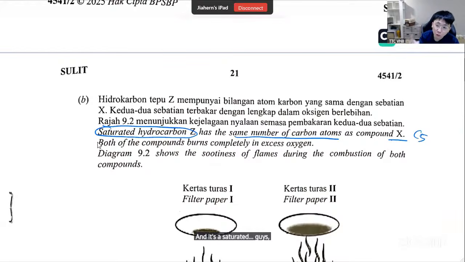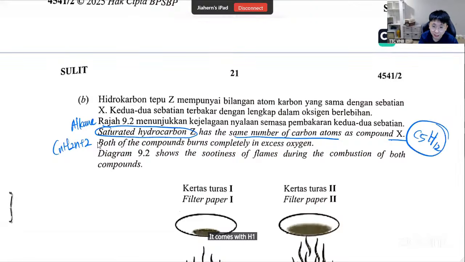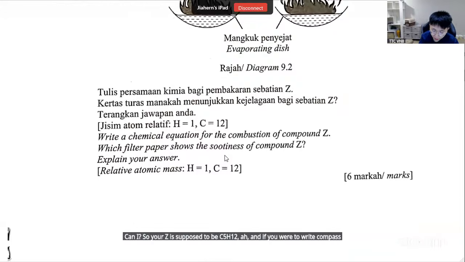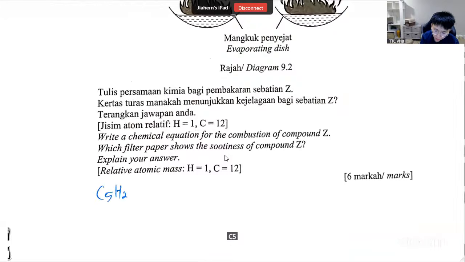Your whole syllabus only got one saturated thingy. It's alkane, correct? So alkane, what general formula? CnH2n+2. So if we have C5, it comes with H12. So your Z is supposed to be C5H12. And if you were to write the combustion equation, C5H12 plus what? Combustion requires oxygen.